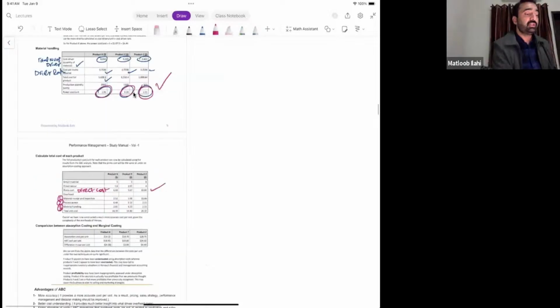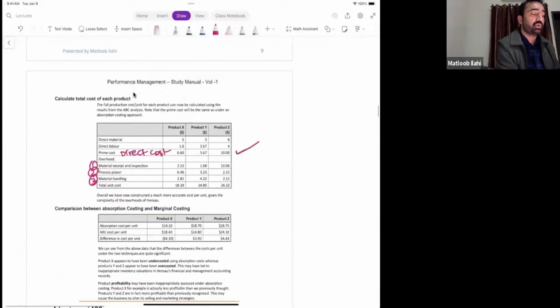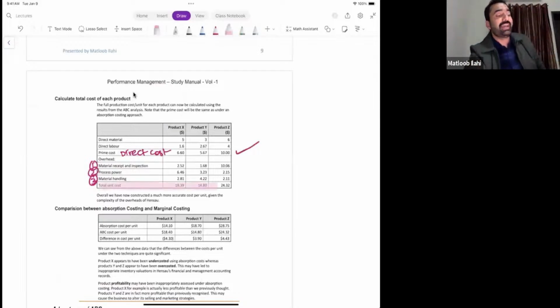So by absorbing this, here is the total unit cost. The total unit cost of product X is 18.39, product Y is 14.8 and product Z is 24.32. So this is the total product cost per unit under ABC.